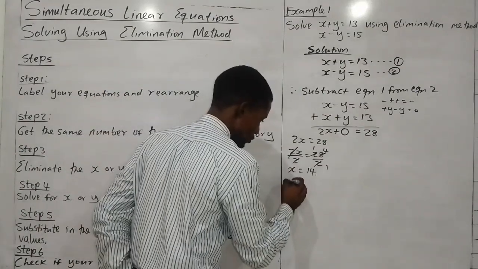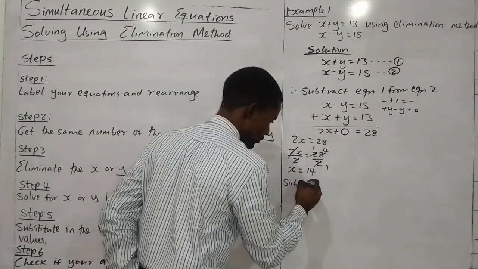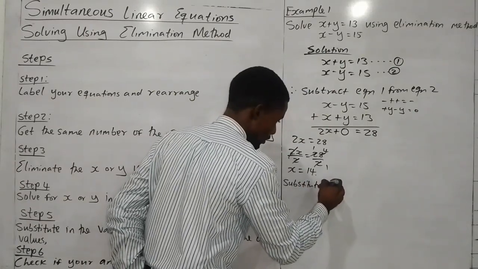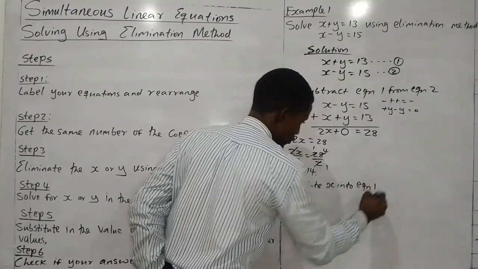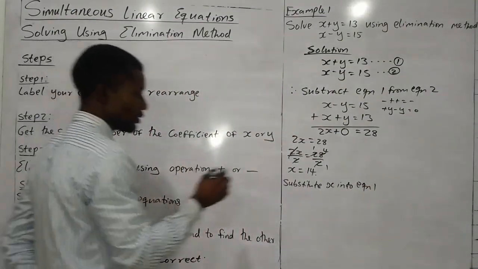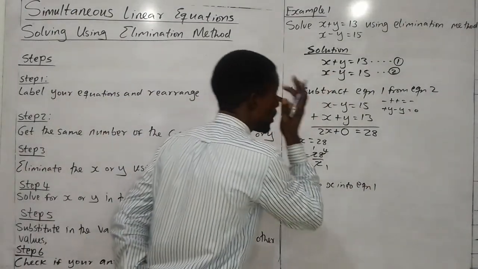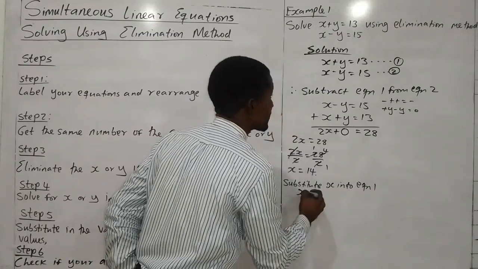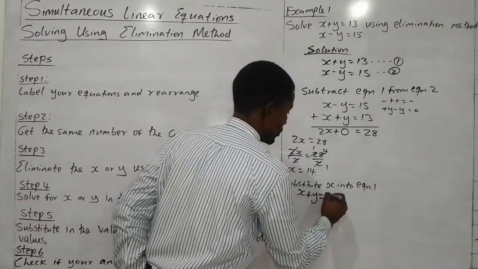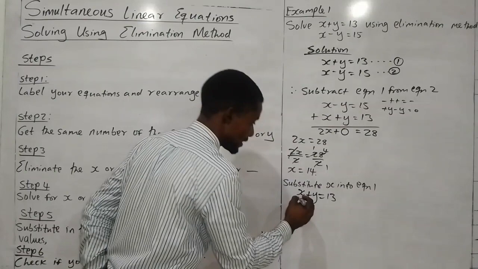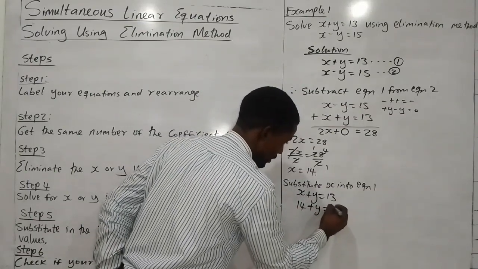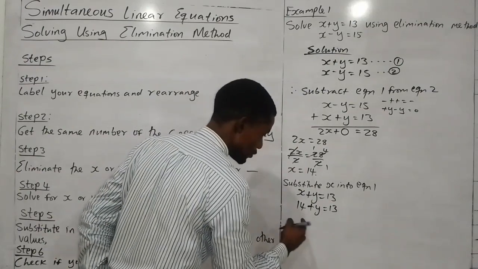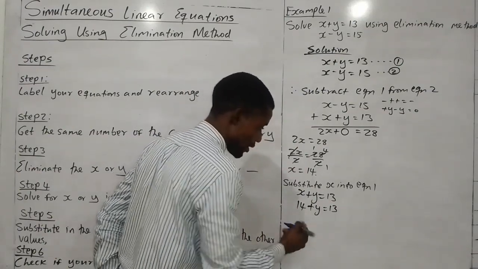The next thing I need to do is to substitute x into equation 1. You can use any equation of your choice. So what is our equation 1? Our equation 1 is x plus y equals 13. Anywhere I see x, I will put my 14. 14 plus y equals 13. The next thing I need to do is collect the like terms, or rearrange.